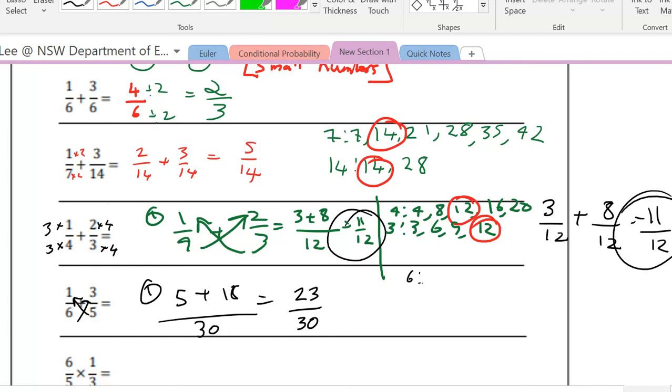So let's look at the lowest common multiple method. We've got 6, 12, 18, 24, 30, 36, and 42. The 5 times table is 5, 10, 15, 20, 25, and 30. So the lowest common multiple is going to be 30.